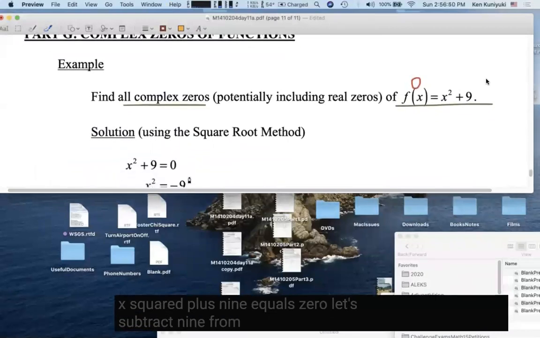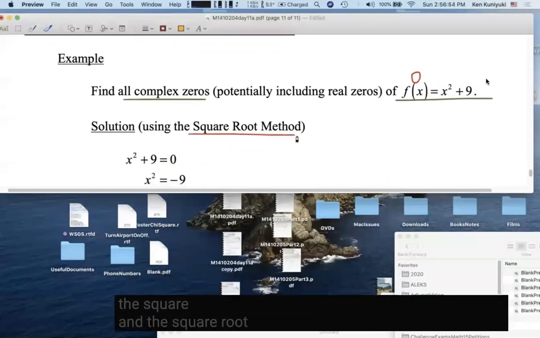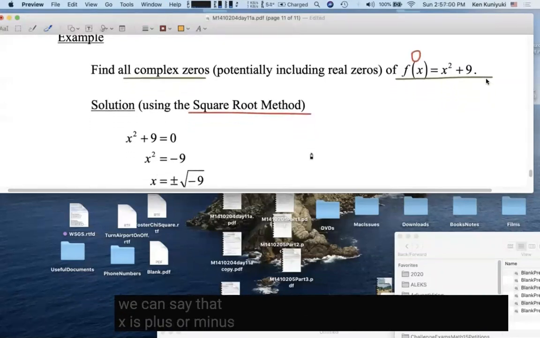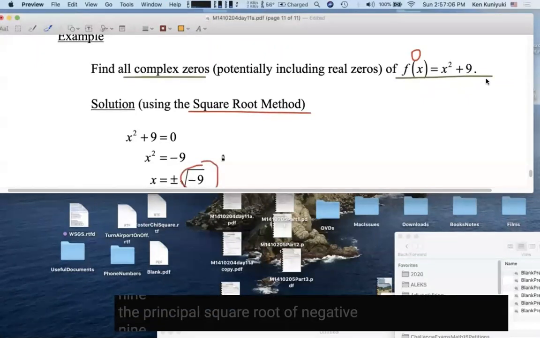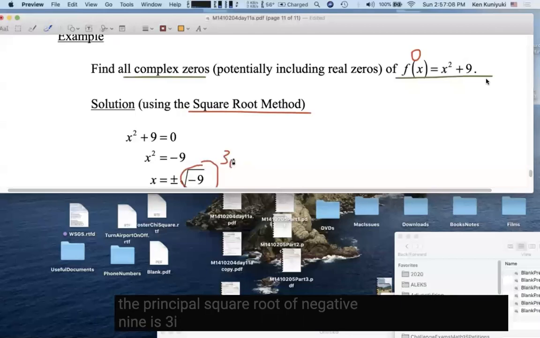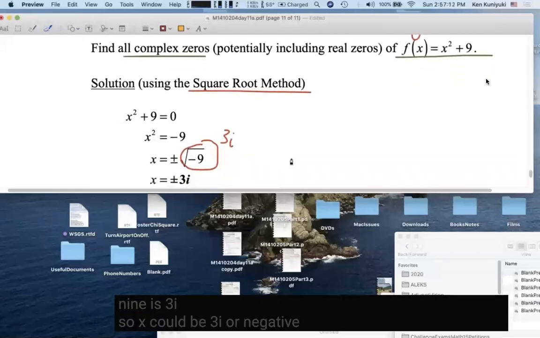Let's subtract 9 from both sides to isolate the square. The square root method still works. We can say that x is plus or minus the principal square root of negative 9. The principal square root of negative 9 is 3i. So x could be 3i or negative 3i.